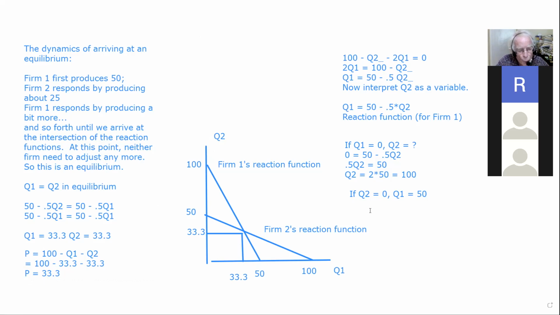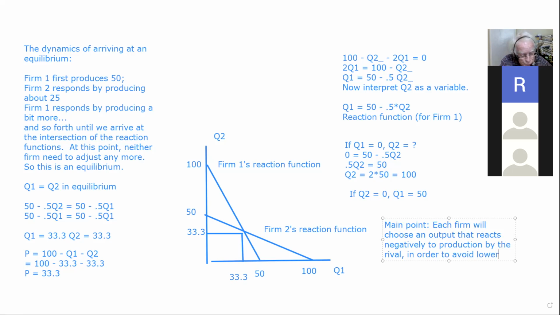So the main point to note is that each firm will choose an output level that reacts negatively to production of the rival in order to avoid lowering the market price too much.